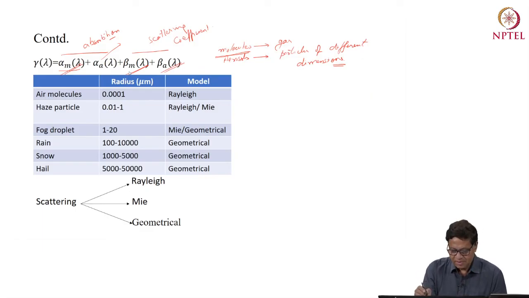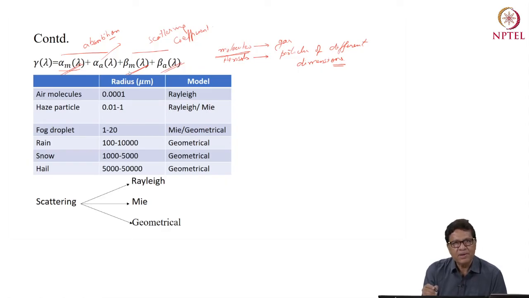Now, absorption we have understood: because of CO2 or ozone or because of water content, the light gets absorbed. Scattering actually depends on the size of the particle, its dimensions or cross section, and the volumetric density of the particle.